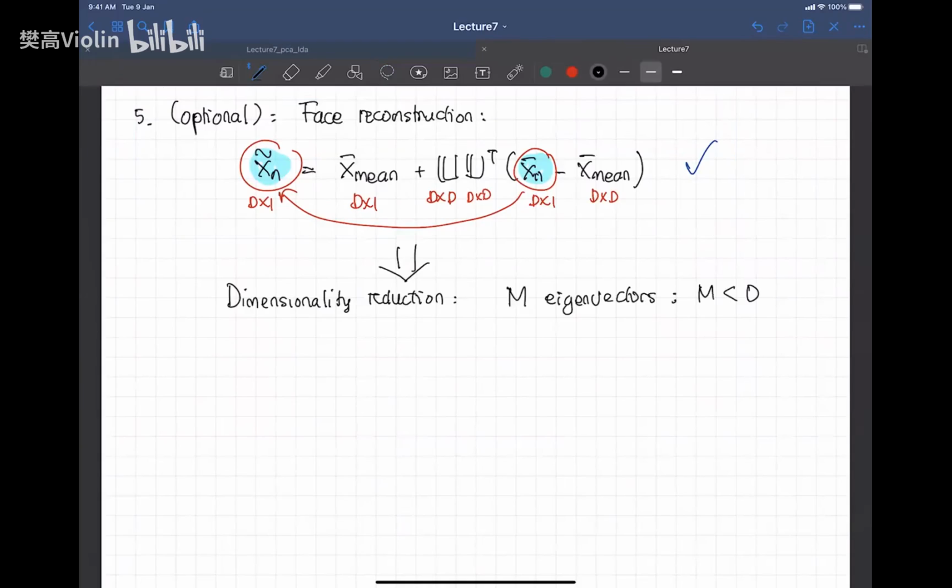Again, I will not show the derivation here because of the time constraint, but I can write here that xn tilde equals x mean plus, if we want to use a sum instead of matrix operation, the sum for i equals 1 until m of lambda i and vi.